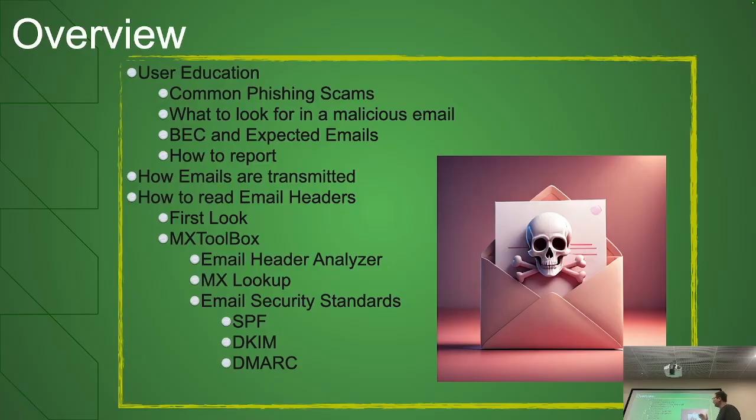All right, so what we'll be looking at today: I want to go over common phishing scams, what malicious emails look like, what to expect when it comes to expected emails, BECs, and how to report it. Then we'll get into more technical information, like how emails are transmitted and the headers. For first looks, I really want to point out MX Toolbox, a website I use a lot.